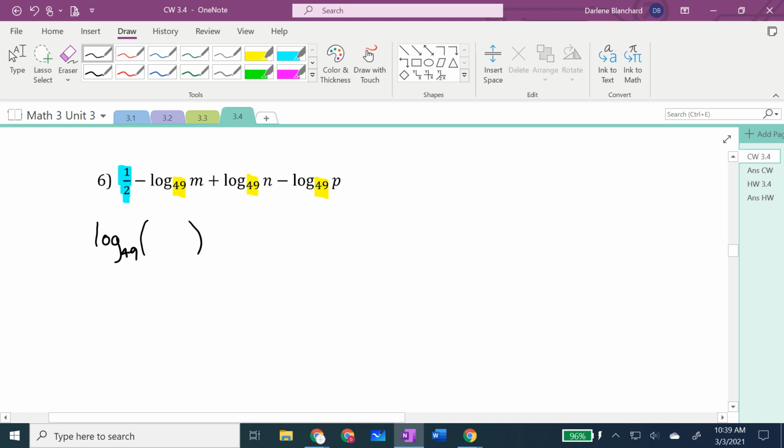And if I want a logarithm that simplifies to 1/2, then I want to use that same base, which is 49, and put it to the power of the number that I have, 1/2.